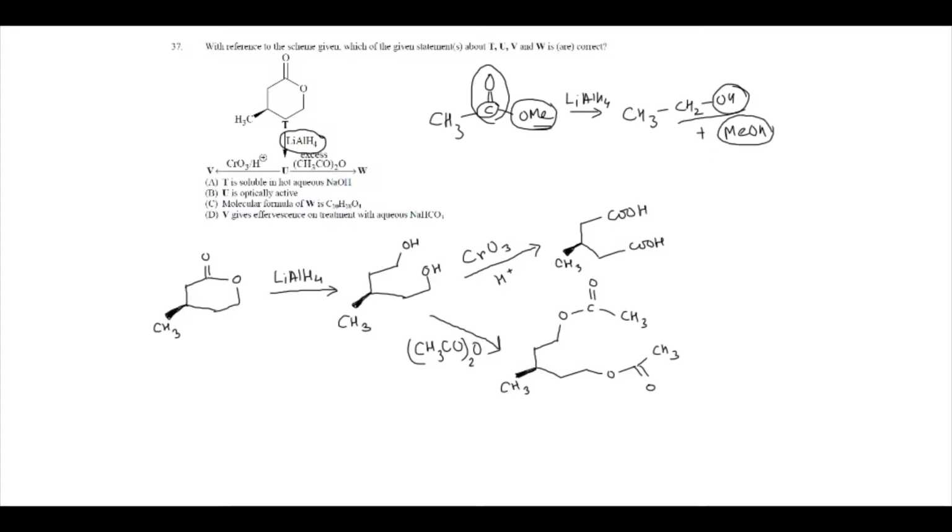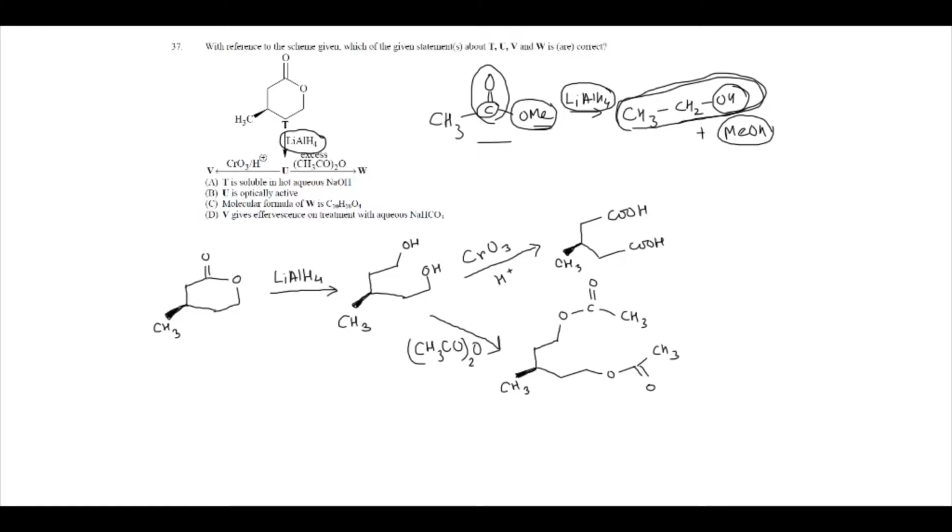So two hydroxide groups are forming from an ester. We are starting with an ester, and after this reduction in presence of lithium aluminum hydride, we are getting 2 alcohols. So 2 alcohols will form after the reduction of an ester.